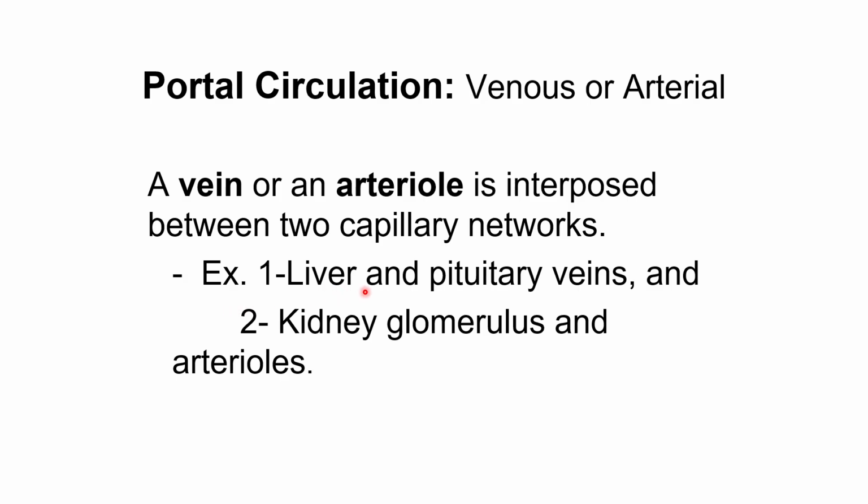In case of the liver and pituitary gland, we have what is called the venous portal system. In case of the kidney, we have the arterial portal system. Okay, so the concept is that to have two capillary networks and interpose between them either a vein or an arteriole.